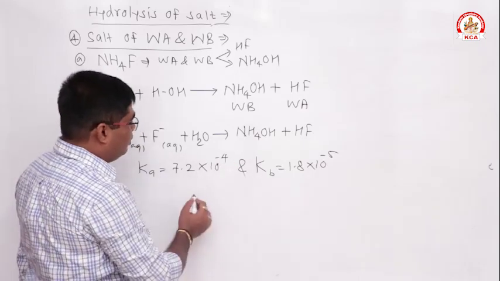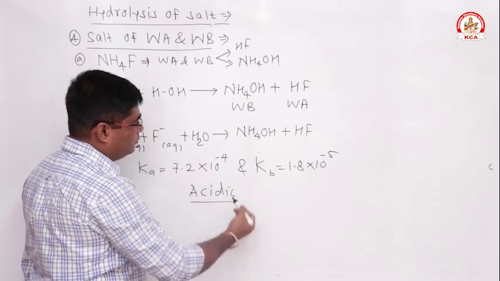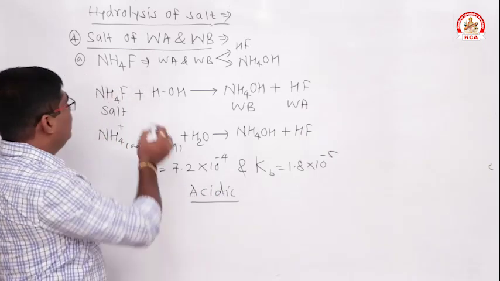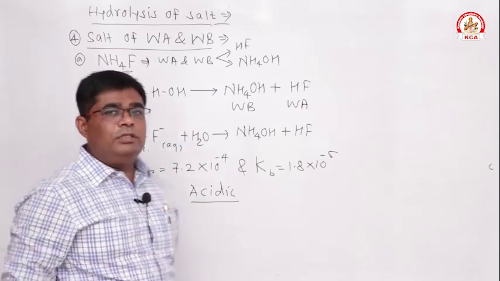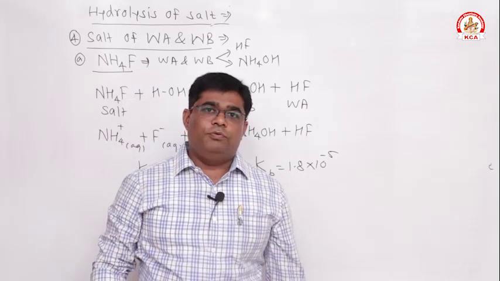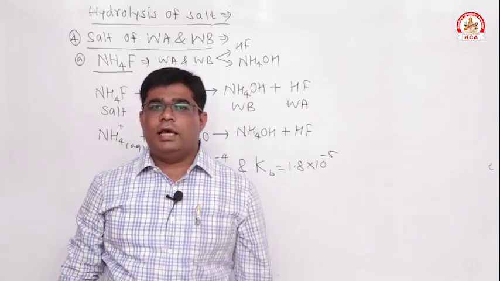आणि ॲसिड जर स्ट्रॉंगर असेल सो व्हॉट इज नेचर ऑफ दिस सोल्युशन? ॲसिडिक. म्हणून लक्षात ठेवा NH4F अमोनियम फ्लोराइड, although it is salt of weak acid and weak base, but its nature is acidic.